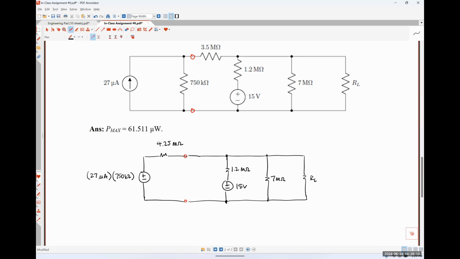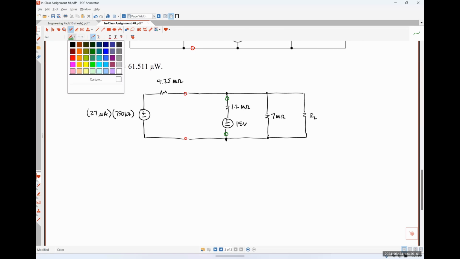So now I have a practical voltage source to the left of the red terminals. And I'm going to go ahead and put some green terminals right here. I have a practical voltage source between these terminals. And so what I'm going to do is perform a source transformation on both of these practical sources. Okay. So let me just draw some things out here.